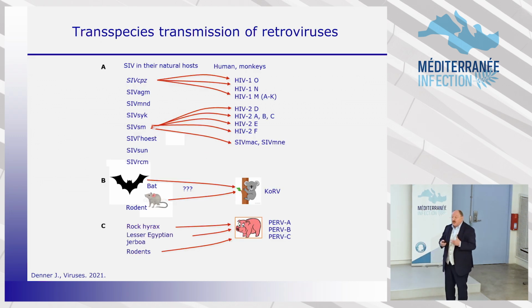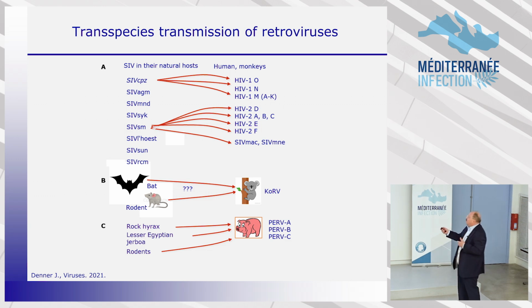Another important feature of retroviruses is their transmission from one species to another. It's well known for HIV-1. They are the result of transmission of immunodeficiency viruses from different species.